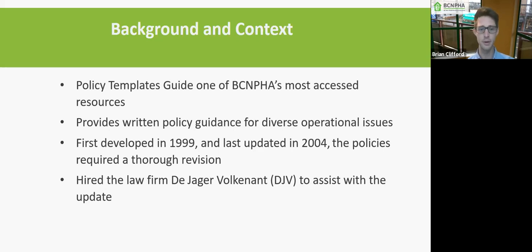So to do this, BCNPHA put out a request for a proposal and ultimately hired the law firm Jager Volkenant, or DJV, to assist us with the update. So we've invited Luke from DJV today to come talk about the guide, and he was instrumental in helping pull together the update.